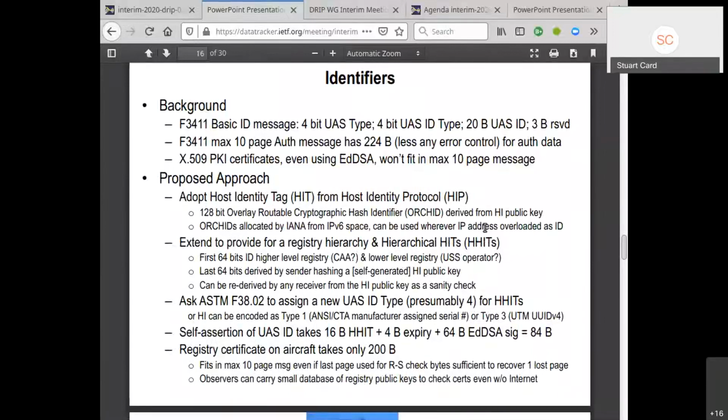And in the US, the FAA has said you need to have error correction, which is not present in the ASTM standard. And the most obvious way to do that would use 23 of those 224 bytes, leaving you with 201 bytes to work with, which obviously you're not going to fit an X.509 certificate in. And that's where we start moving into proposed solution space.